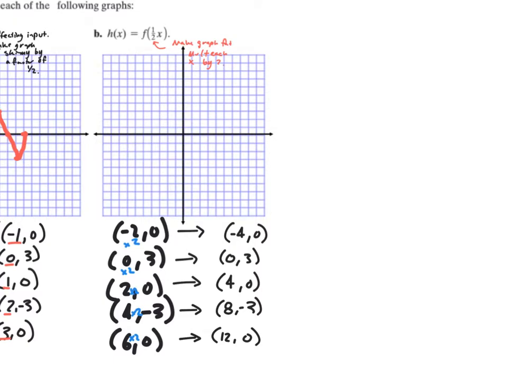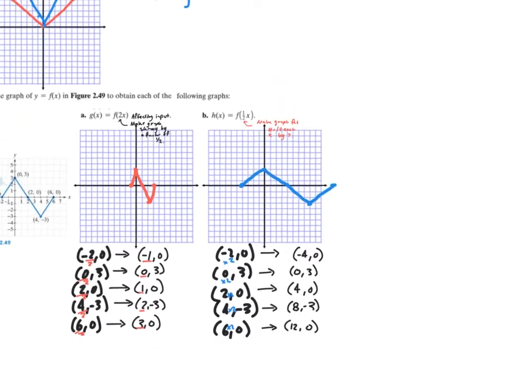So we're going to do -4, 0, 0, 3, 4, 0, and then 8, -3, and then 12, 0. We're going to get this graph like so, and that's going to stretch it out and make the graph fat.